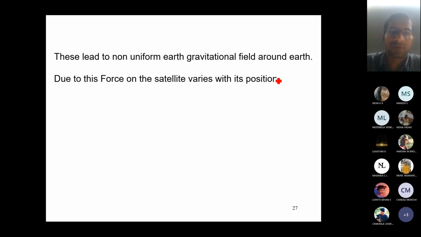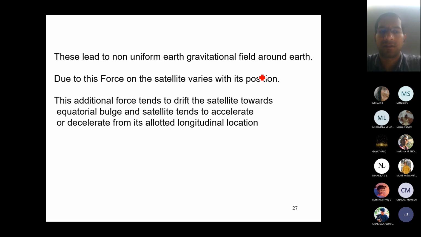Due to this, the force on the satellite varies with its position, because the satellite is moving around the Earth, and since the gravitational forces are different, all satellites are experiencing different amounts of force. This additional force tends to drift the satellite towards the equator, and the satellite tends to accelerate or decelerate from its allotted longitudinal location.